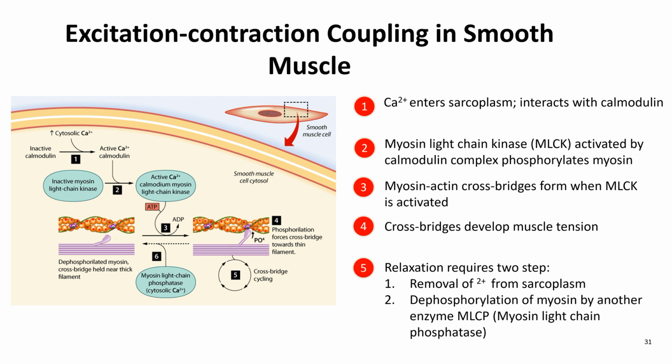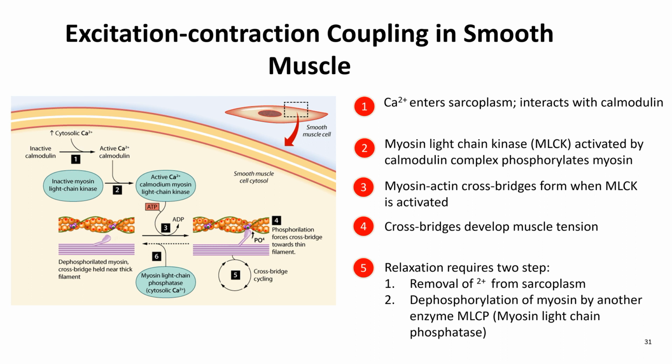The activated myosin head can then bind onto actin and begin that cross-bridge sliding, twisting motion. Recall that the myosin ATPase hydrolyzes ATP, which provides the energy for that power stroke, and this process is repeated. The force that is generated is transferred to anchoring filaments, and then results in the smooth muscle contraction.